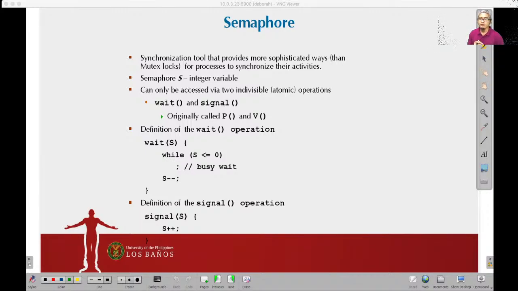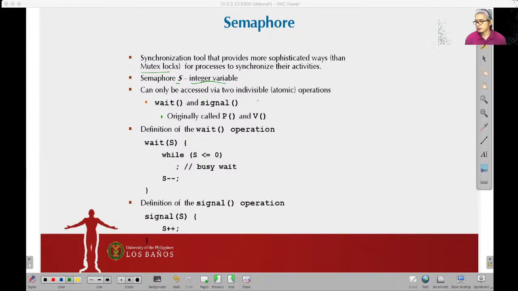So that's mutex locks, very simple. The next one is the semaphore. Semaphores are synchronization tools that provide more sophisticated ways than just mutex locks. At a high level, you can think of a semaphore as just an integer variable, and you define two operations on the semaphore.